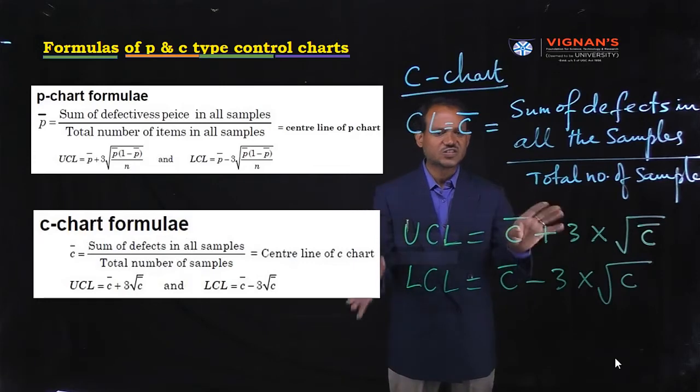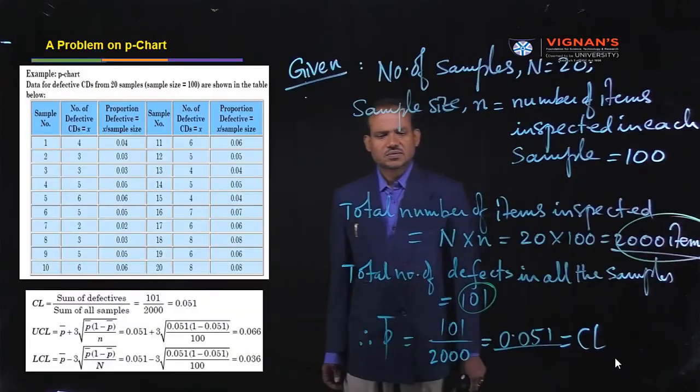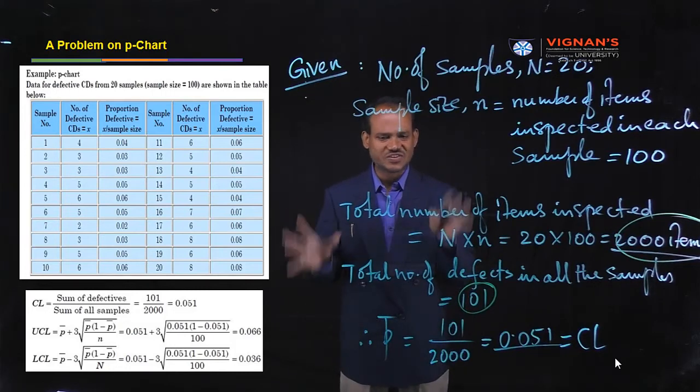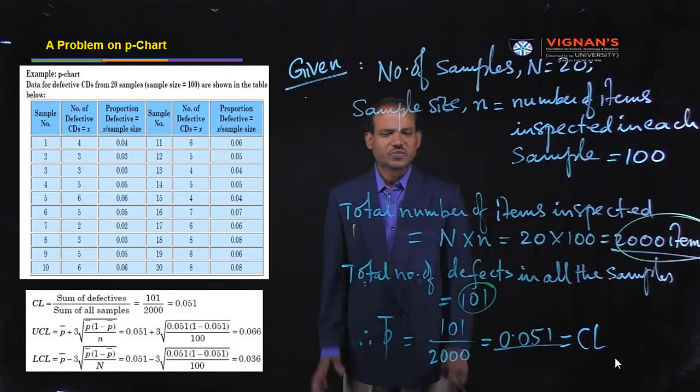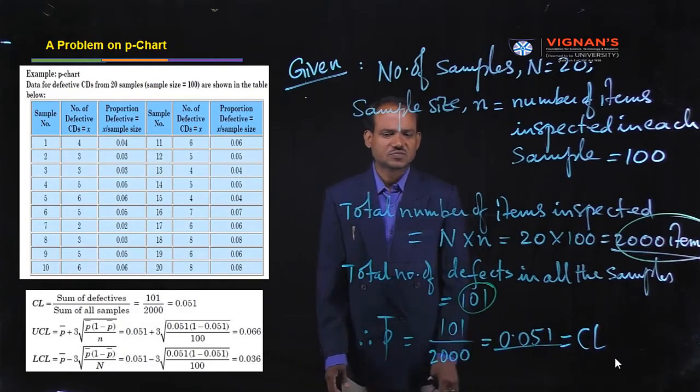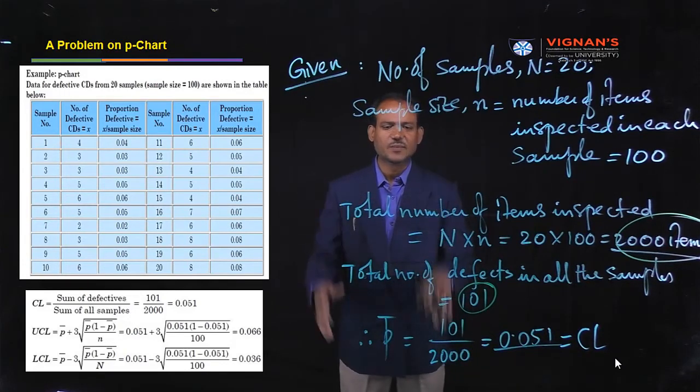Similarly, the C chart. Okay, so in this slide you are observing a problem on the P chart. This is the given question. From the given table, it is observed that the first column indicates the sample number. How many samples are there? 10 samples.